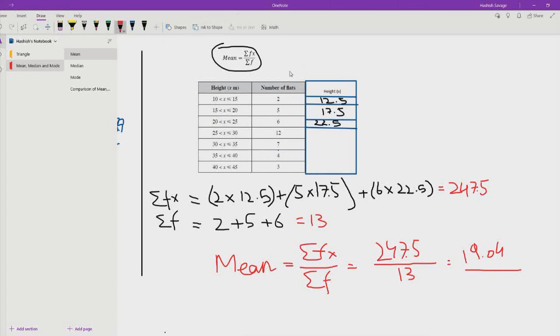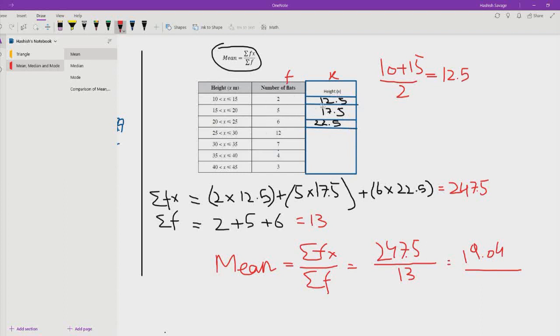One of the columns is f for the frequency and one of the columns is x. If a column is given like this, first you need to convert it into an x column. How will you do it? You will add the two side values and divide them by 2 to get the midpoint value, which is 12.5 in this case, and similarly in the next case 17.5, and the next 22.5.